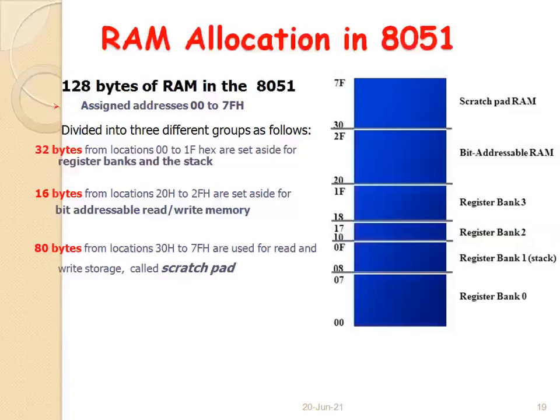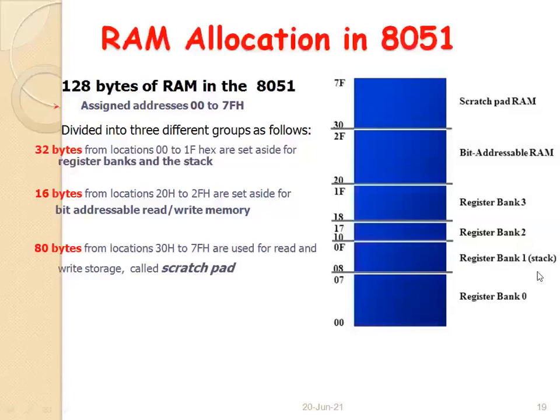After execution of the instruction, this stack pointer value will be incremented by 1. That is, the value will be equal to 08 in case of 8051. But you can check from the RAM allocation table that 08 is the register address from bank 1.